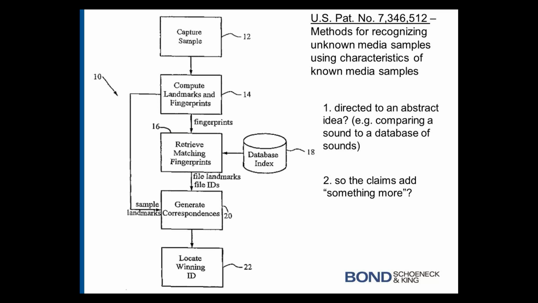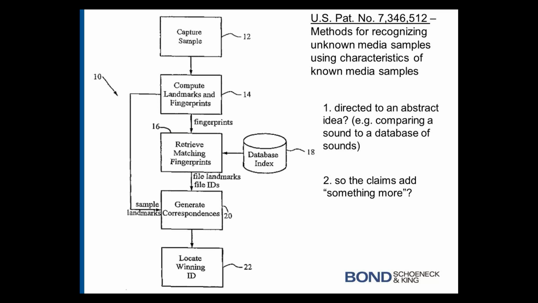Now, I know we don't have the claims here, but basically what these embodiments in this patent are directed to is just what I briefly described, where the application on the phone captures a sample, whether it's a sample song or a sample clip from a TV show, and that information is sent wirelessly to Shazam's database. A match is made, and then down at 22 you can see locate winning ID. That winning ID is sent back to your phone, and it tells you the name of the song.